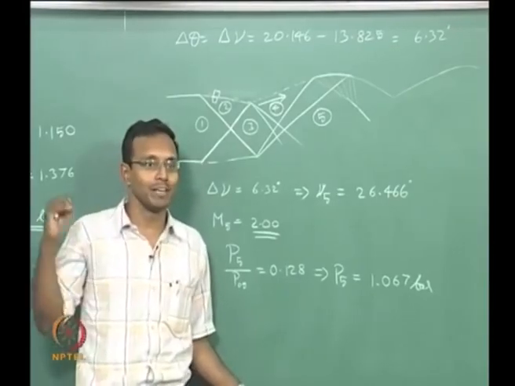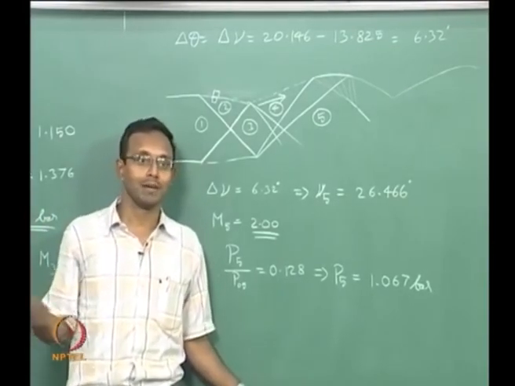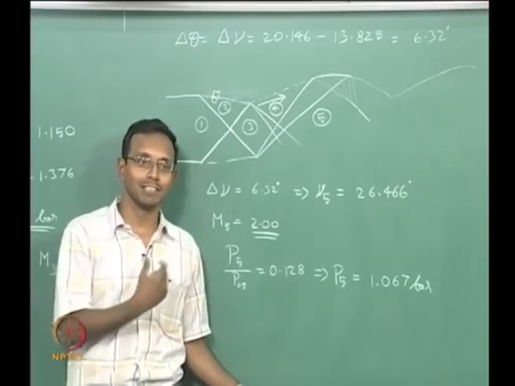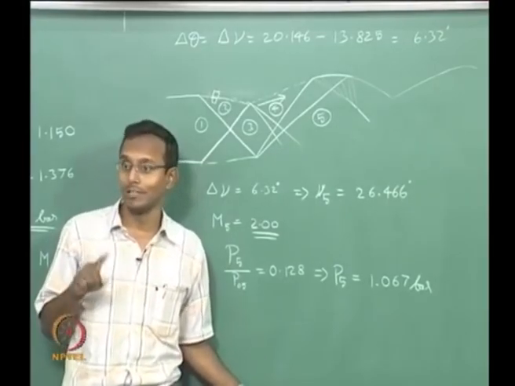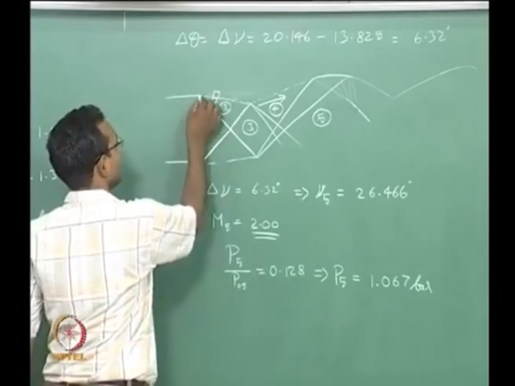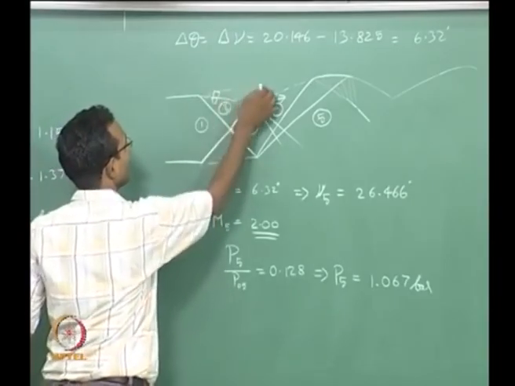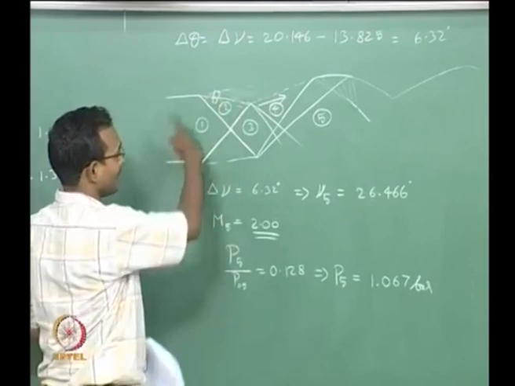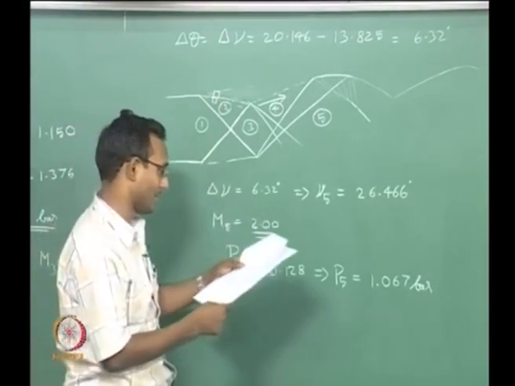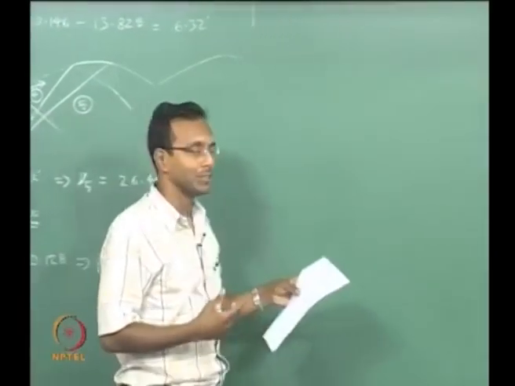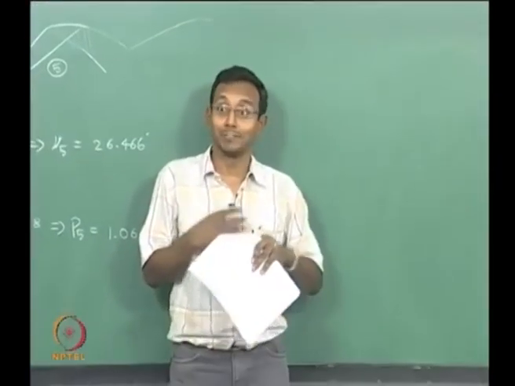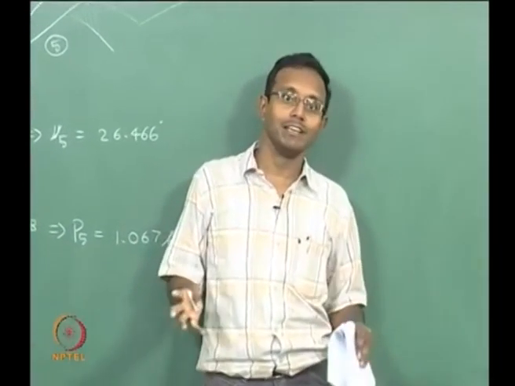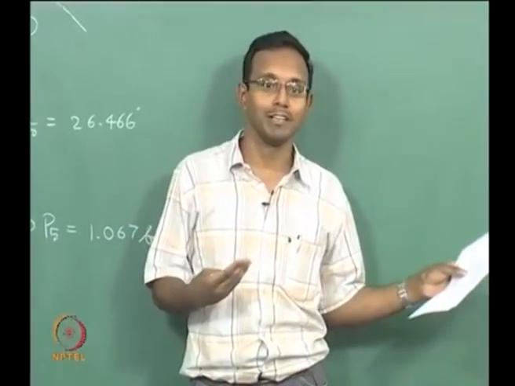Now I am no more in my ideal gas dynamics world; I am trying to include viscosity in my gas dynamics. If I include that, then you will start having some momentum mixing happening across this region. I do not want to disturb this picture anymore, we will go to a separate picture. This has nothing to do with compressibility anymore, it is just fluid mechanics. Viscosity does not care so much about compressibility.